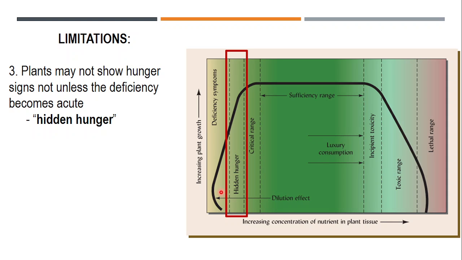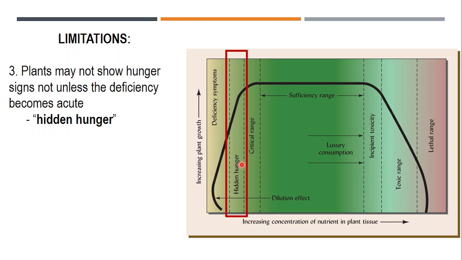And then, we have the deficiency symptoms. Deficiency symptoms will now show if there is a very low level of nutrients than what the plant needs. Okay? So, dito sa hidden hunger na sinasabi natin, kulang pala ng nutrients yung soil natin, pero hindi pa niya pinapakita na kulang pala.